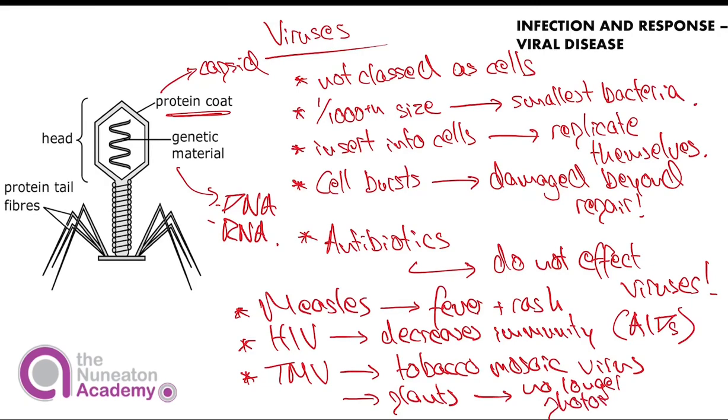So it means that actually the plant isn't doing enough photosynthesis to generate glucose and oxygen that it needs for respiration to be able to survive.